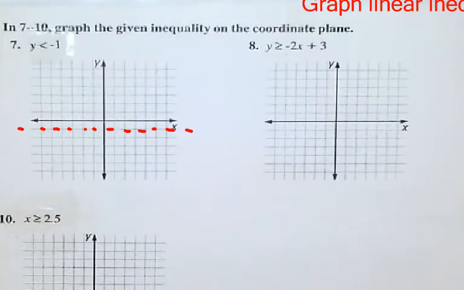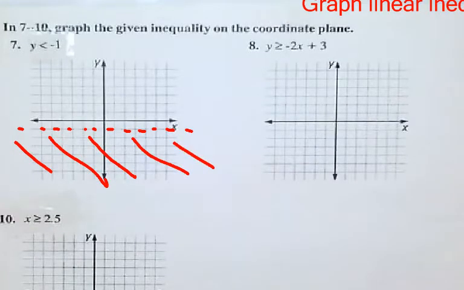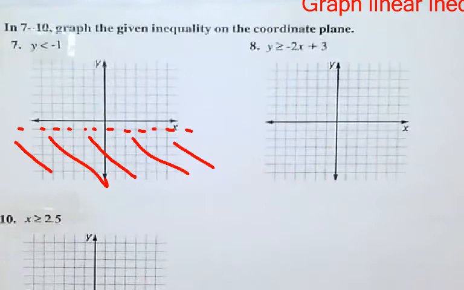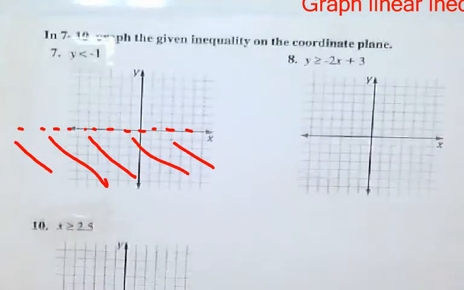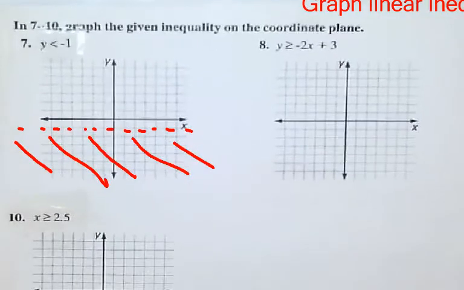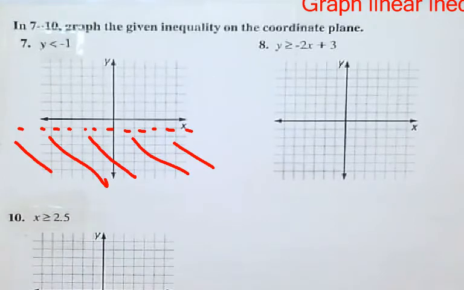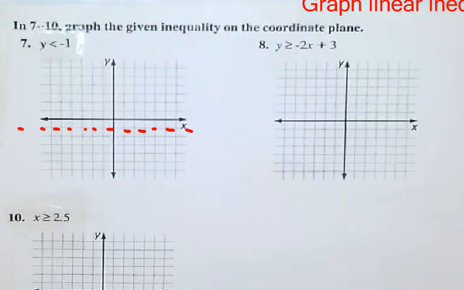All this less than. Right? Let's do a horizontal line first, and then we'll do the slanted line. So we know that that's a horizontal line at -1. Oh, that was easy.